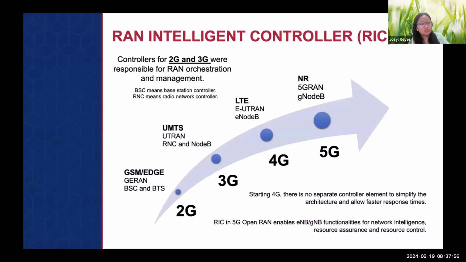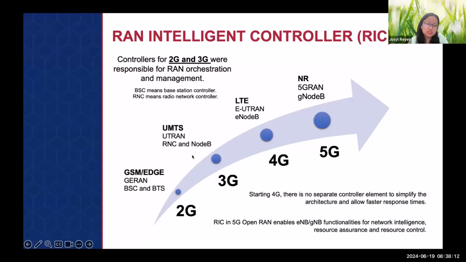In the past, there were also controllers in the earlier cellular generations. We have the BSC for 2G, base station controller, and RNC, radio network controller for 3G.